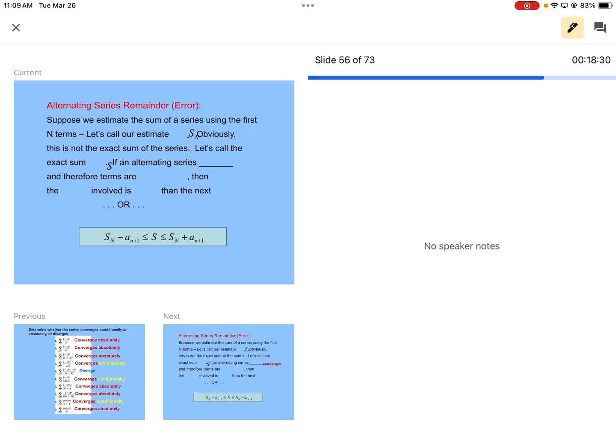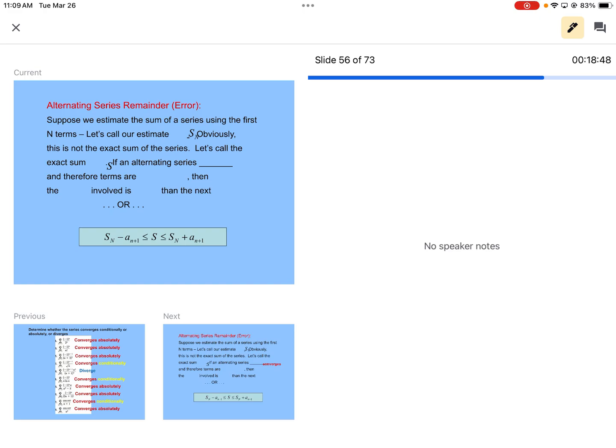Error is essentially kind of, a lot of these things are estimates. We have ways of getting sum of geometric series, but we haven't really talked about sum formulas for any of the other ones. So a lot of times we estimate the sum of a series using a first few terms.